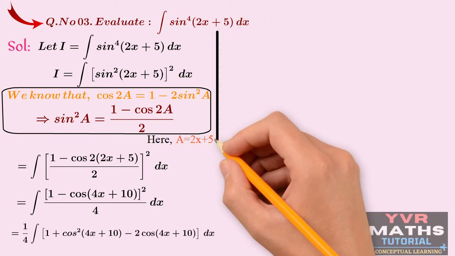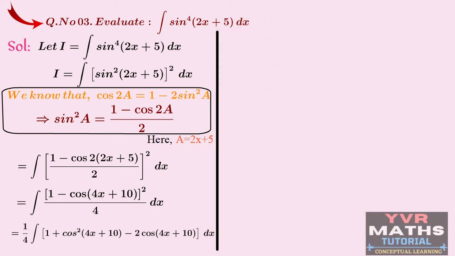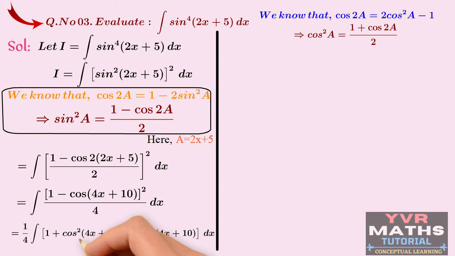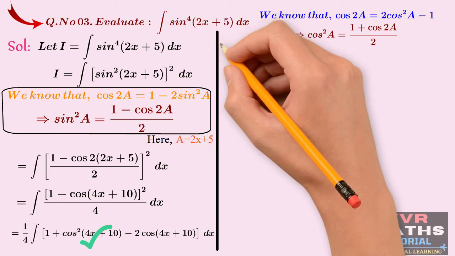In this step, again we have cos square 4x plus 10 concept. So we know already what is the formula for cos square A. So cos square A formula is 1 plus cos 2a by 2. So here what is A? Here A is 4x plus 10 from this term. So if we substitute A is equal to 4x plus 10, then this term cos square 4x plus 10 will change like this.